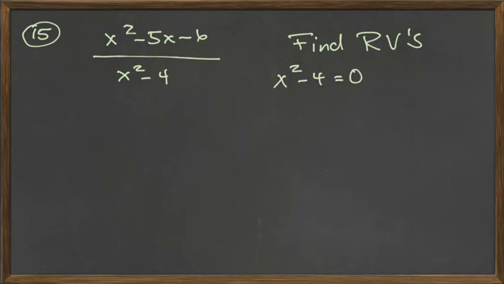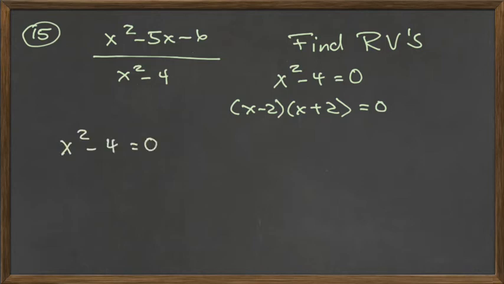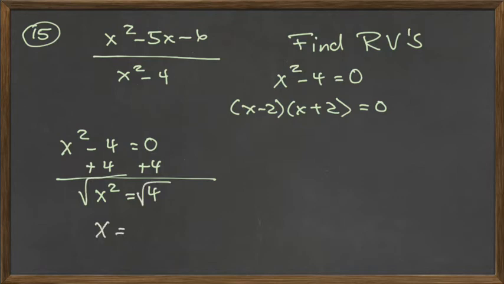Now you can either factor it, x minus 2 and x plus 2, and solve it that way. Or since we know the square root property, you can add 4, and you get x squared equals 4. Take the square root and get your answer that way.